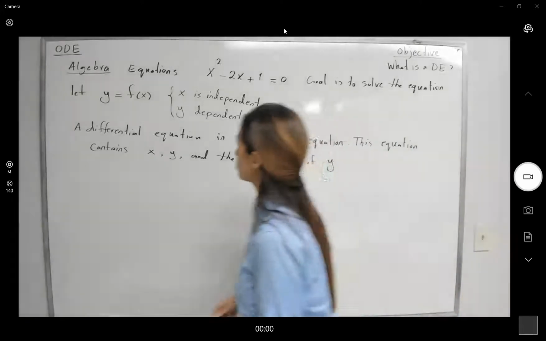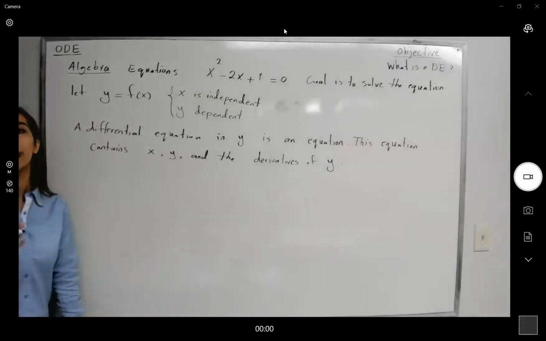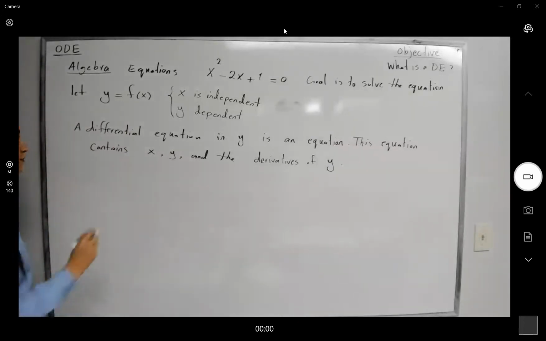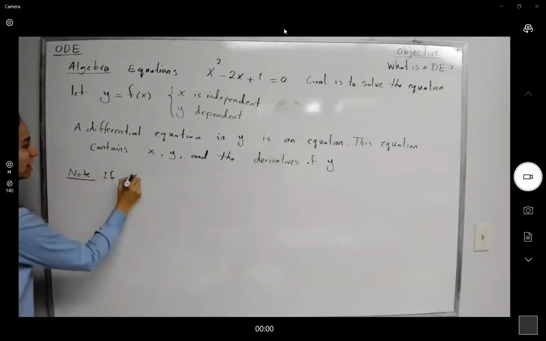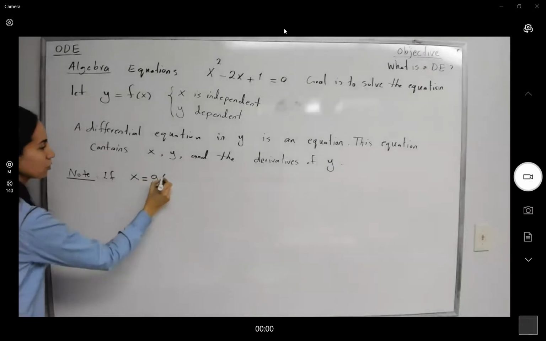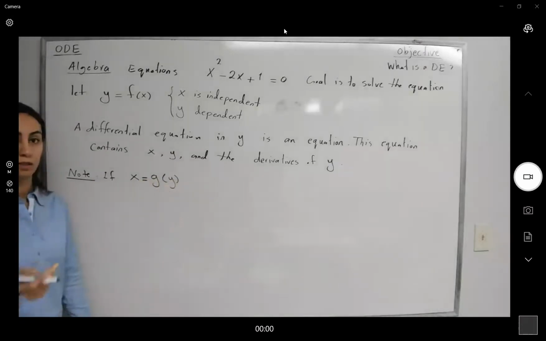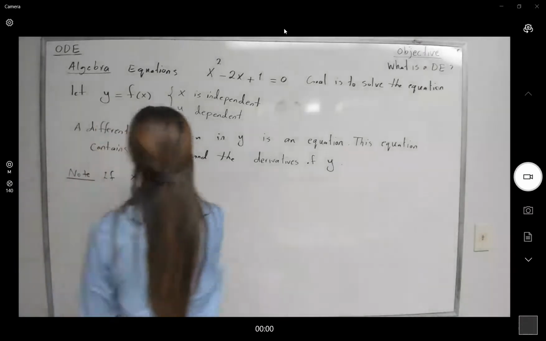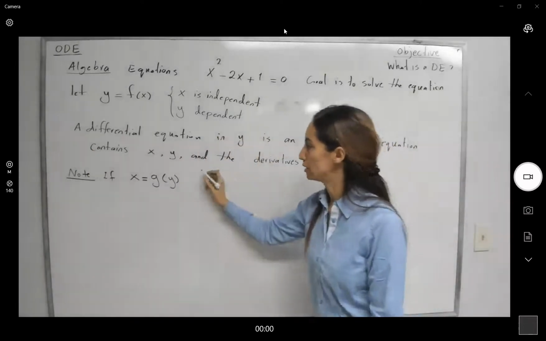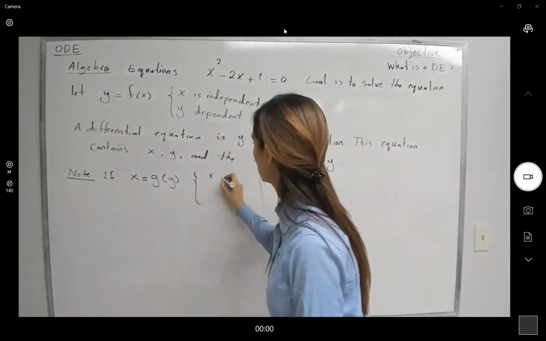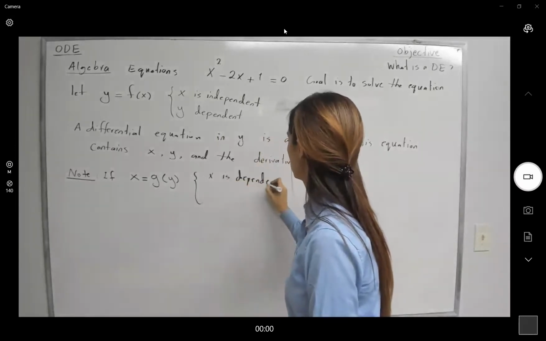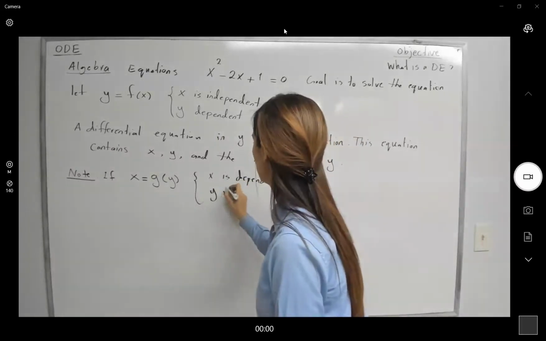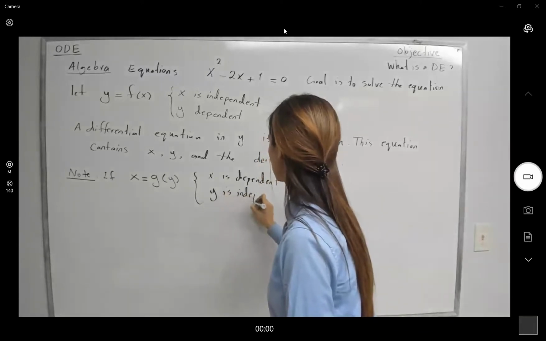So now I expect you to ask, what if I have a function in x? So a quick note for you. If x is equal to g of y, it means that x depends on y. In this case, x is dependent and y is independent.